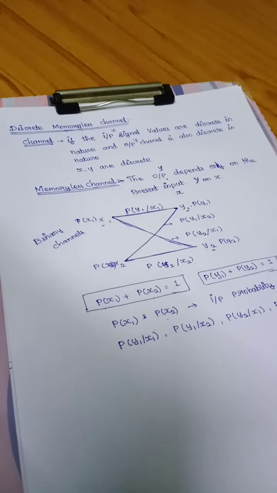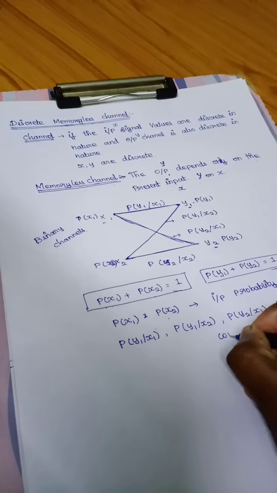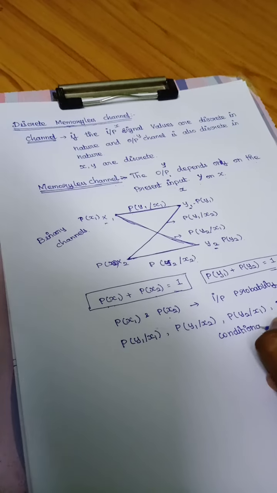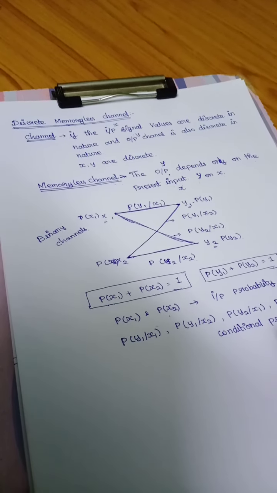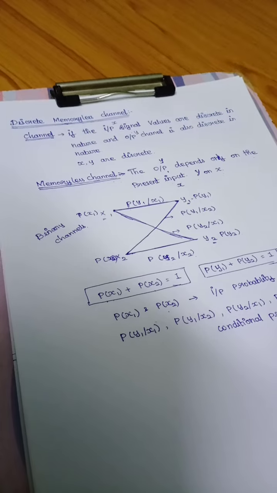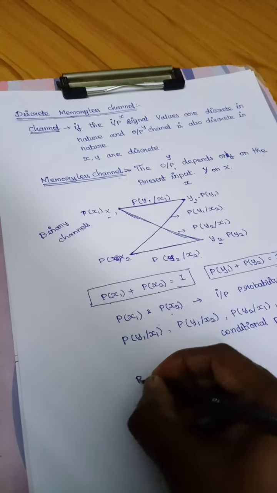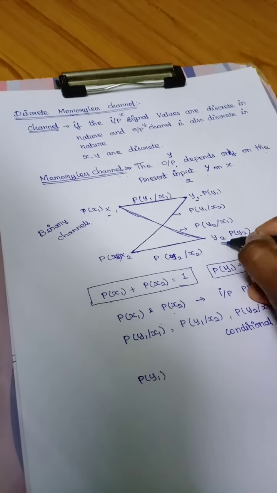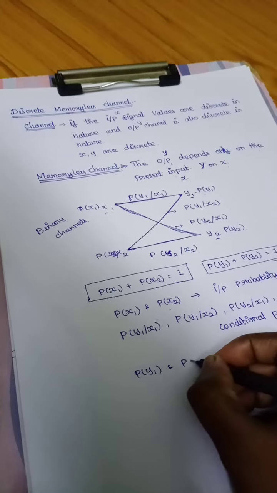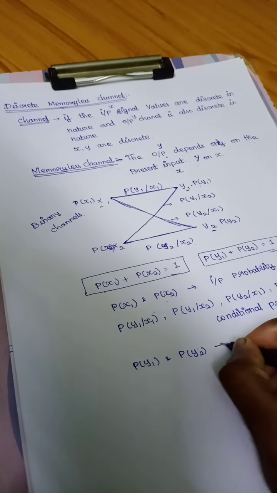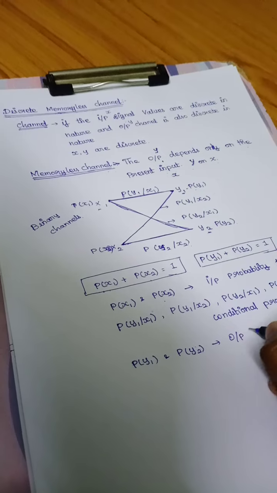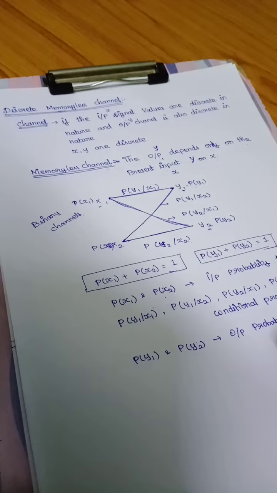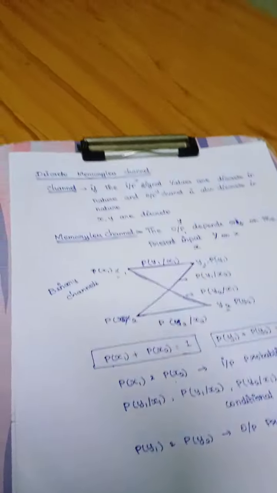So these are the conditional probabilities. And then probability of Y1, probability of Y2, these are the output probabilities.